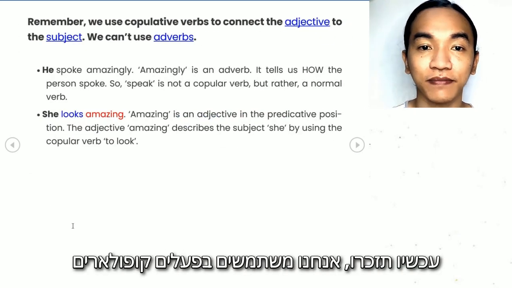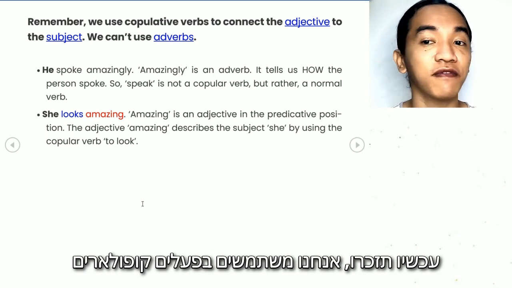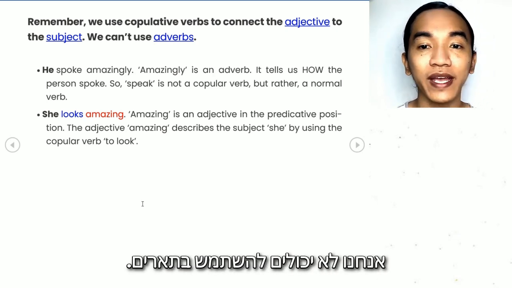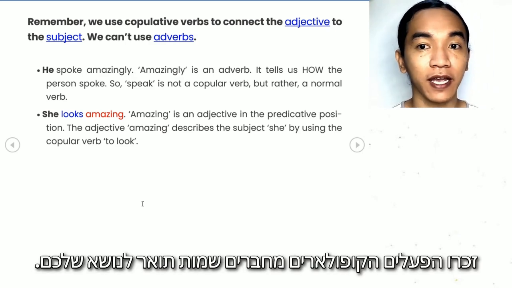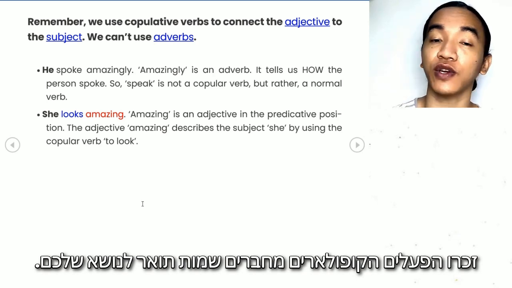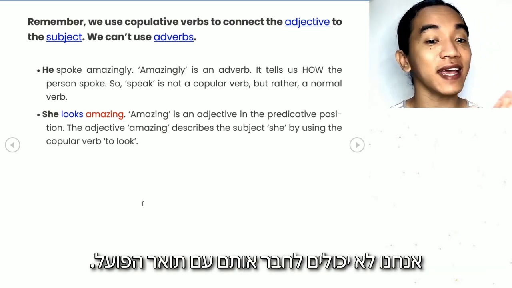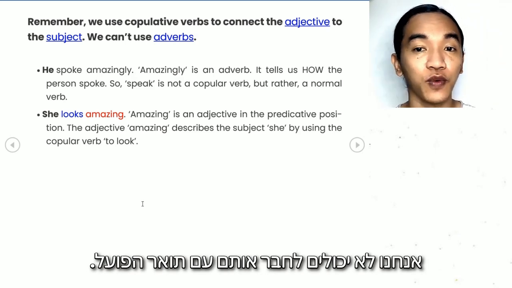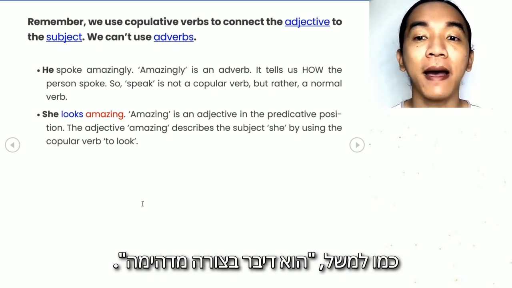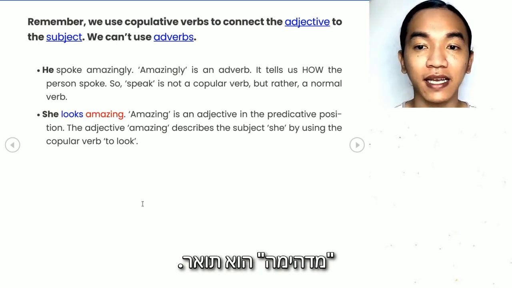All right? Now, remember, we use copulative verbs to connect the adjective to the subject. We can't use adverbs, okay? Remember that. Copulative verbs connect adjectives to your subject, okay? We cannot connect them with adverbs. Like, for example, he spoke amazingly. Amazingly is an adverb.